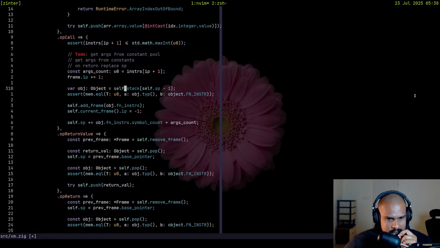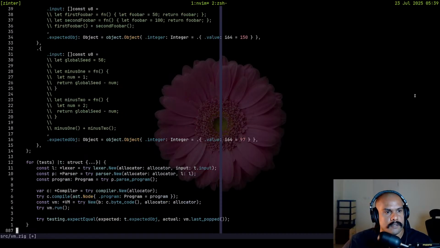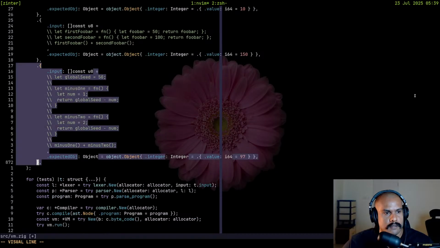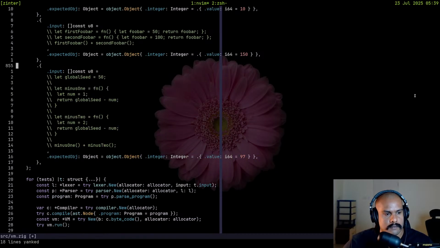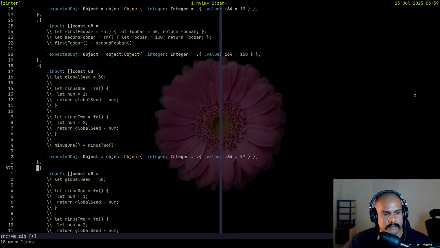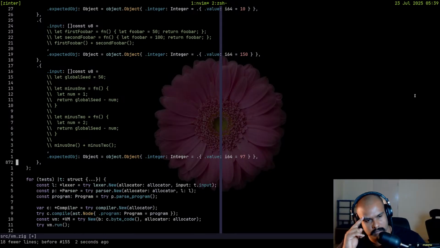Sorry, this won't be the function instruction. I can test this by, not that one.